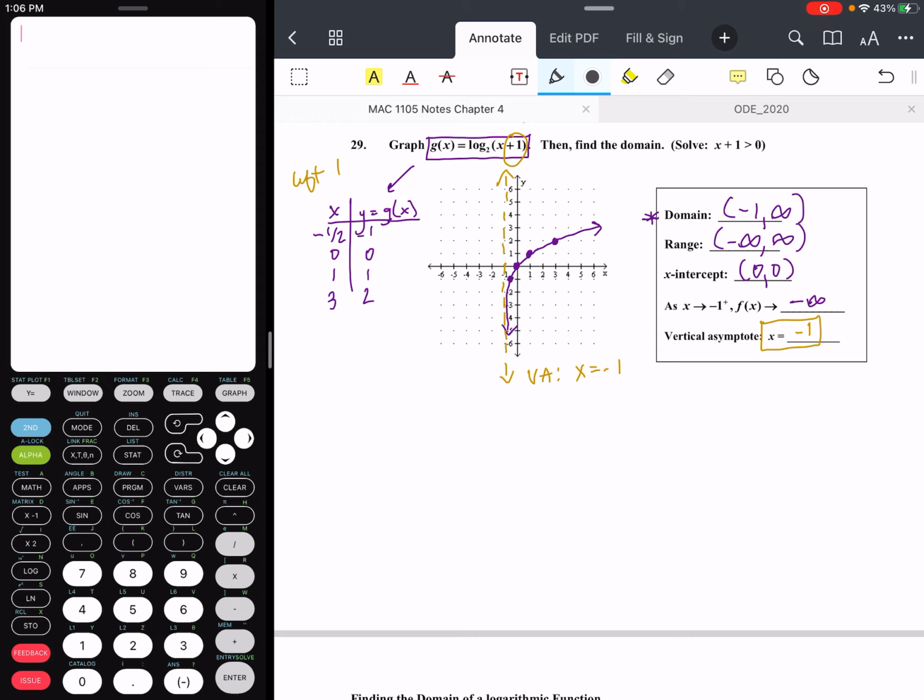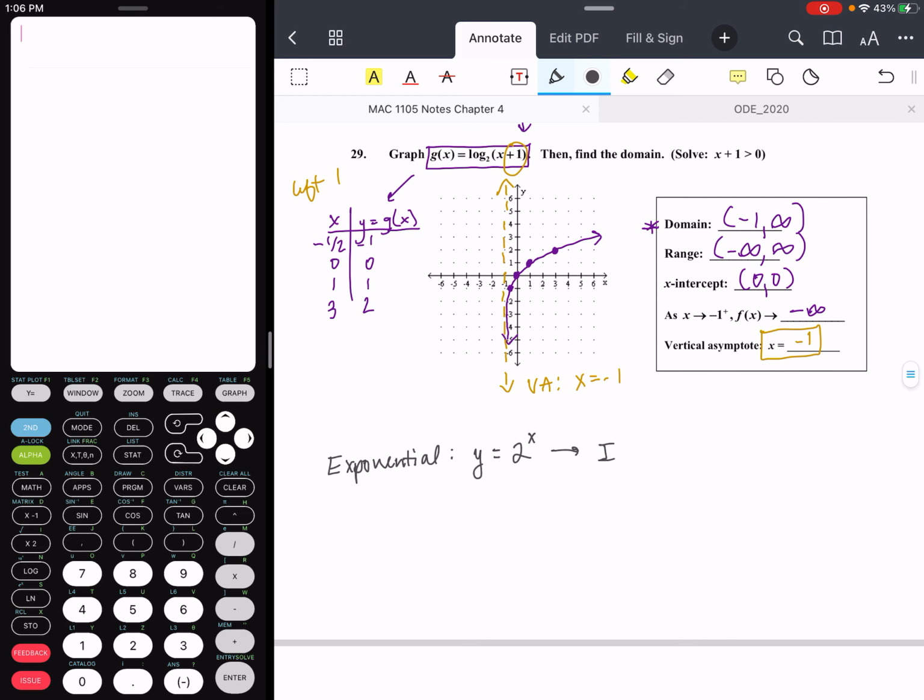So remember, we graphed g of x equals log base 2 of x plus 1. And we started with our exponential function, y equals base 2 raised to the power x.